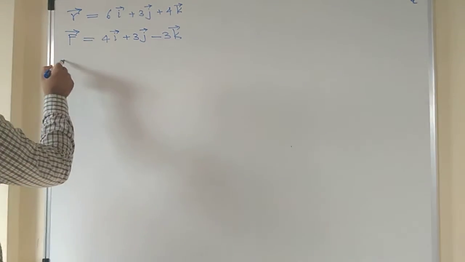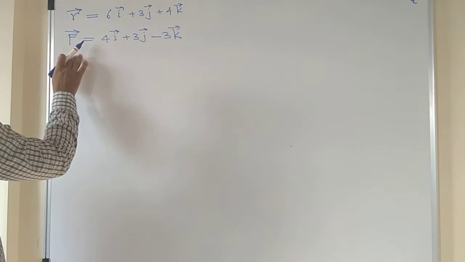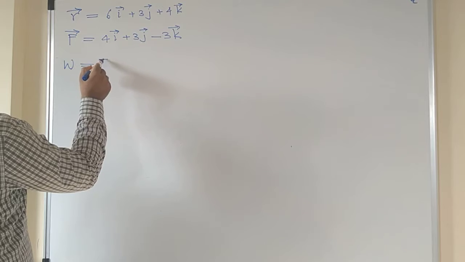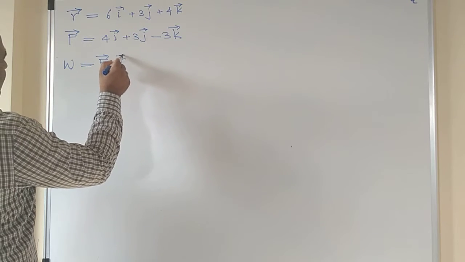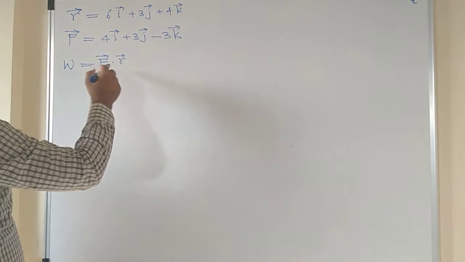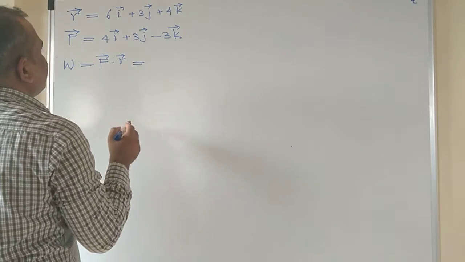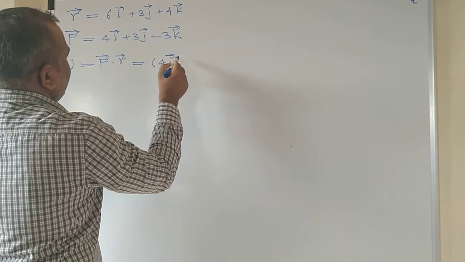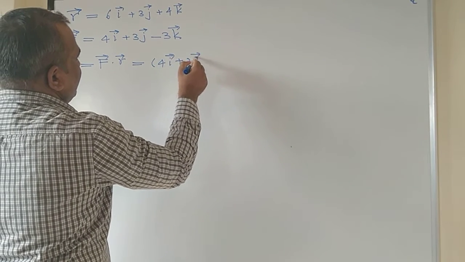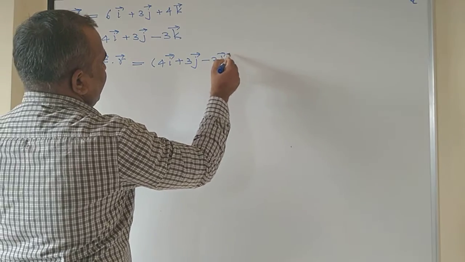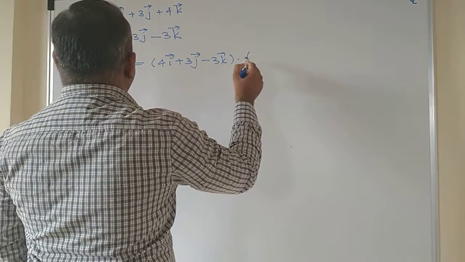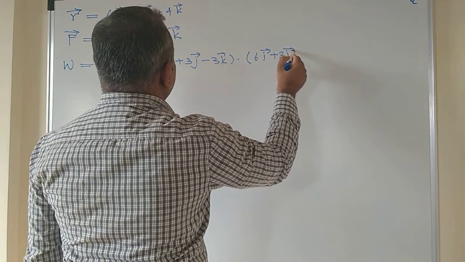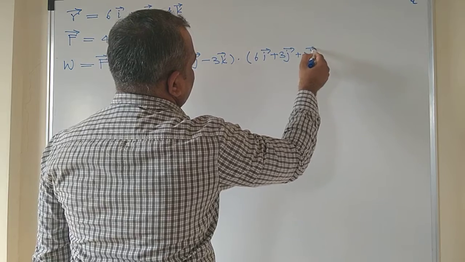W is equal to F dot r, F bar dot r bar. So if you take the dot product of both, F bar is 4i plus 3j minus 3k dot r bar, which is 6i bar plus 3j bar plus 4k bar.